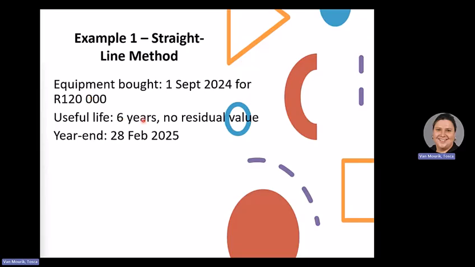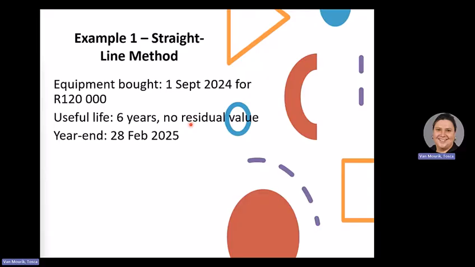6 years is our useful life. We don't have a residual value. Just want to stress this as well: if the question is silent on the residual value, then you don't need to worry about residual value.